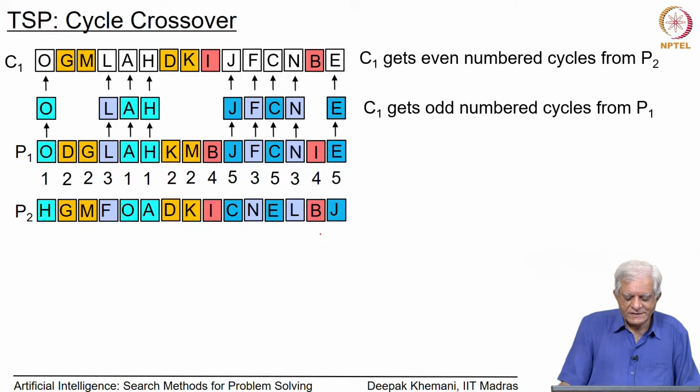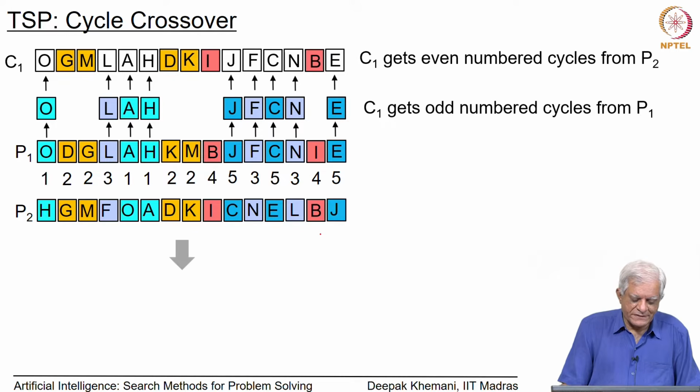So, this process should be clear by now. You can see on the top the first child that has been constructed, and it is a valid tour. Every city exists exactly once, there is no repetition, and something has been carried forward from the two parents into this child.